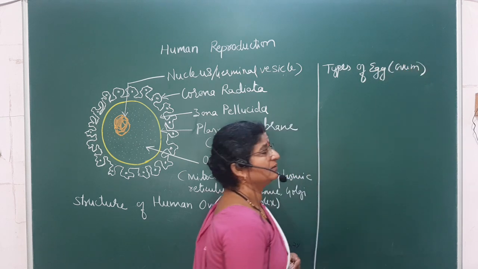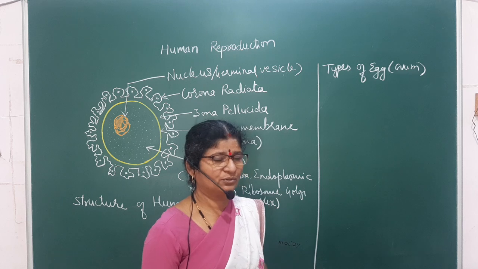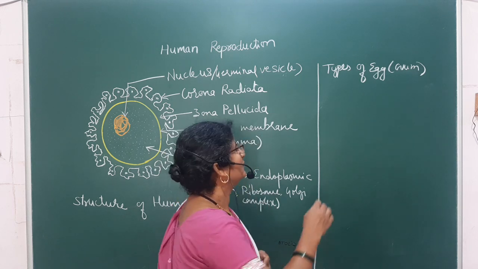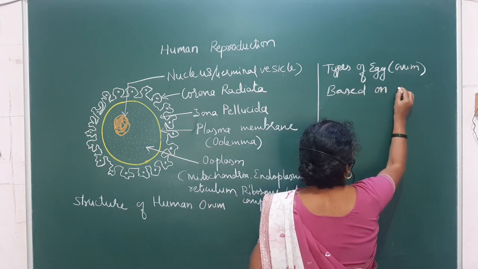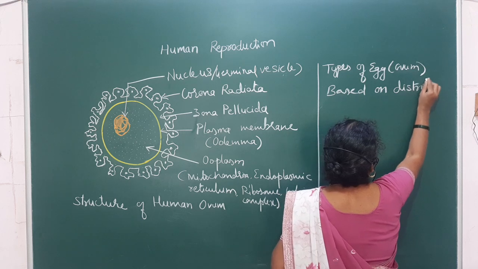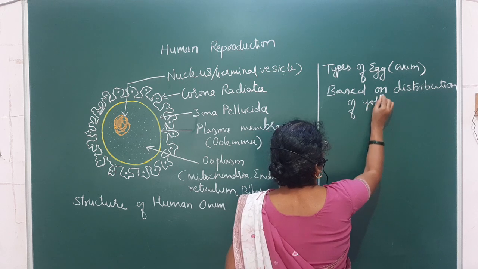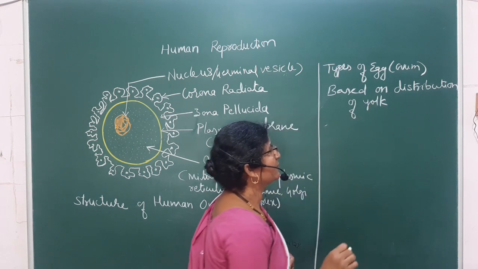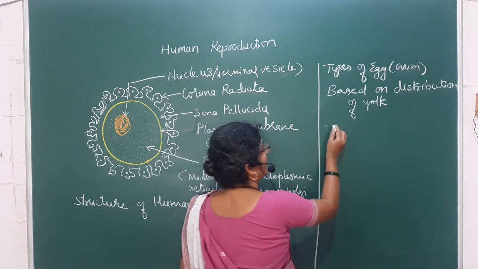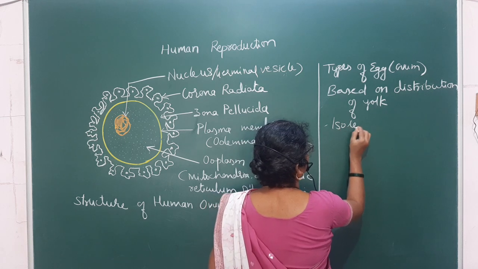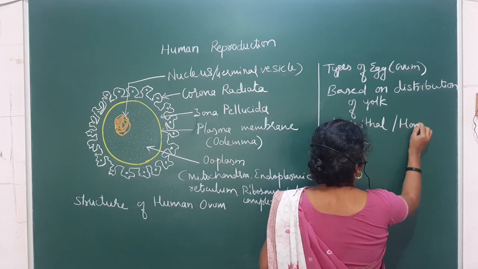So ova are classified based on the distribution and deposition of the yolk. Based on the distribution of the yolk, eggs are classified into 3 types. That is isolecithal, also called homolecithal.